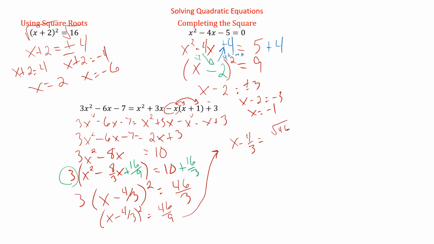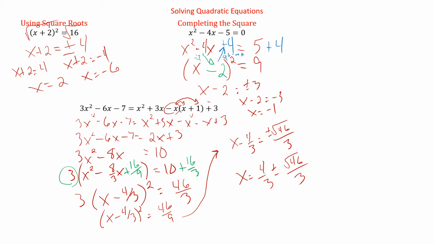Square root of 46, plus or minus, over the square root of 9, which is just 3. Now we can add the 4/3. So x equals 4/3 plus or minus the square root of 46 over 3. There we go. That would be solving by completing the square.